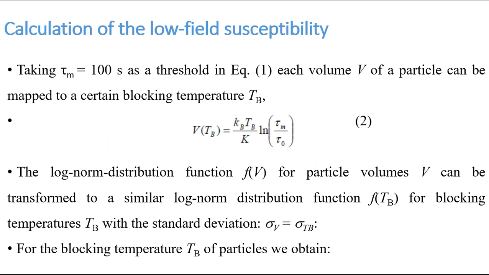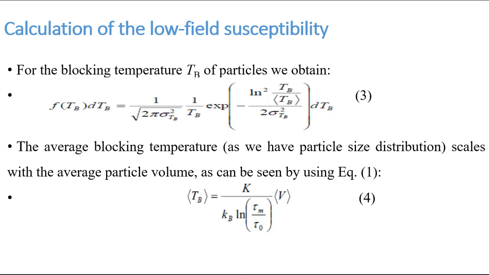For the blocking temperature TB of the nanoparticles, we can write the log normal distribution as demonstrated in equation number 3, where the average of TB is included. V is replaced with TB, and sigma V is replaced by sigma TB. We take the average blocking temperature because, as you already know, of the particle size distribution in the sample.